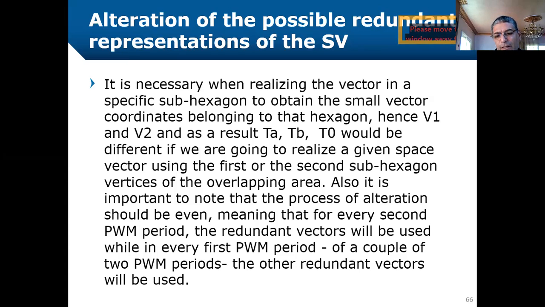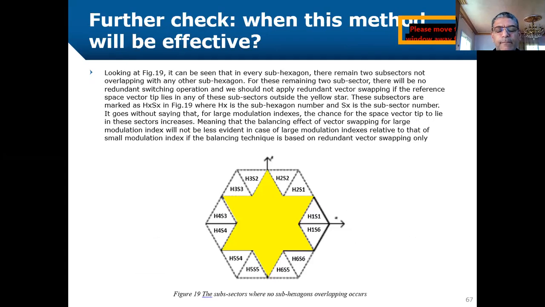Also, it is important to note that the alternation should be even, meaning that for every second PWM period, the redundant vectors will be used, while in every first PWM period of a couple of two PWM periods, the other redundant vectors will be used. Okay?